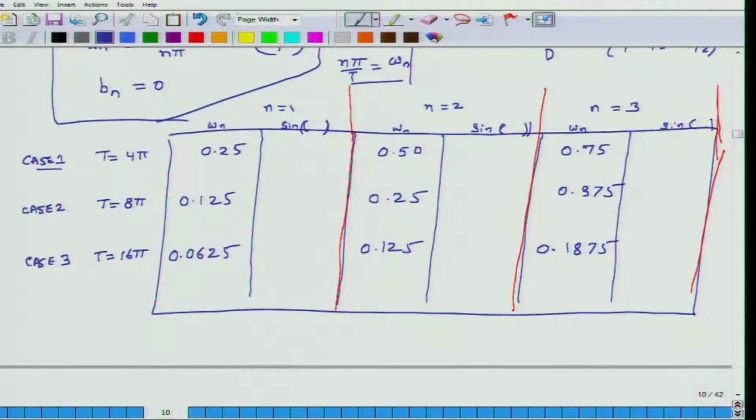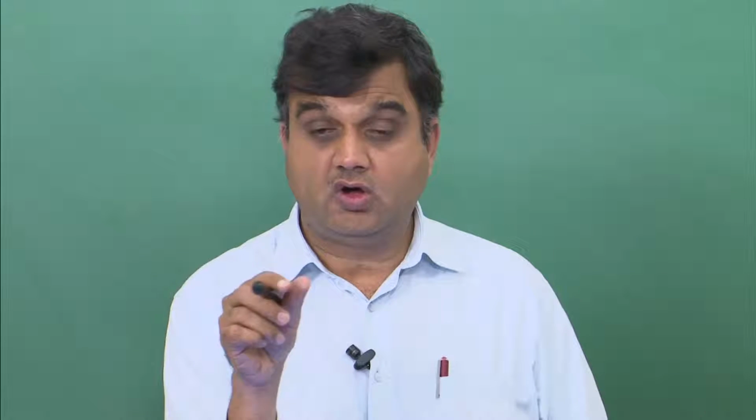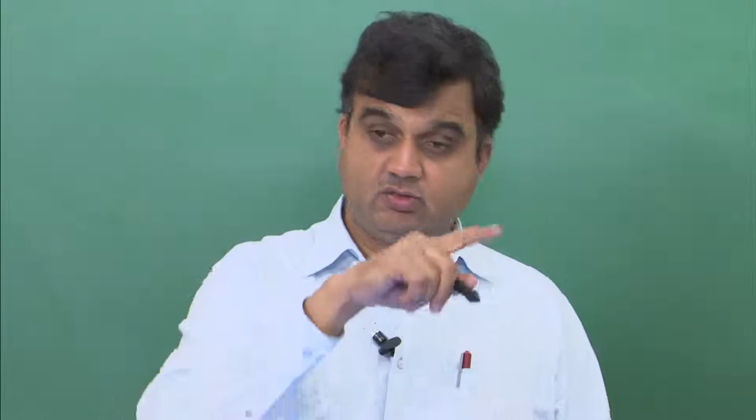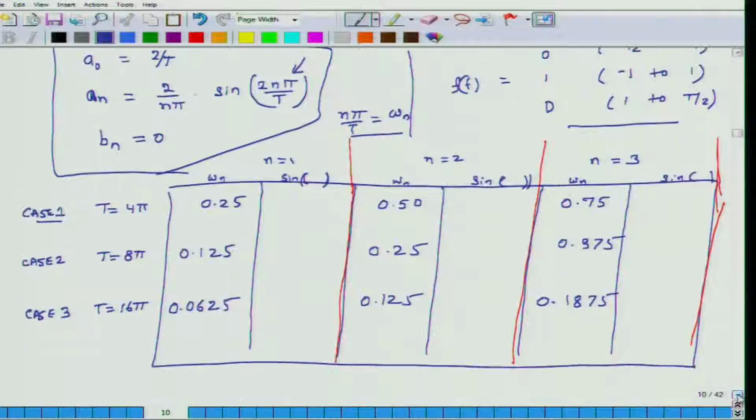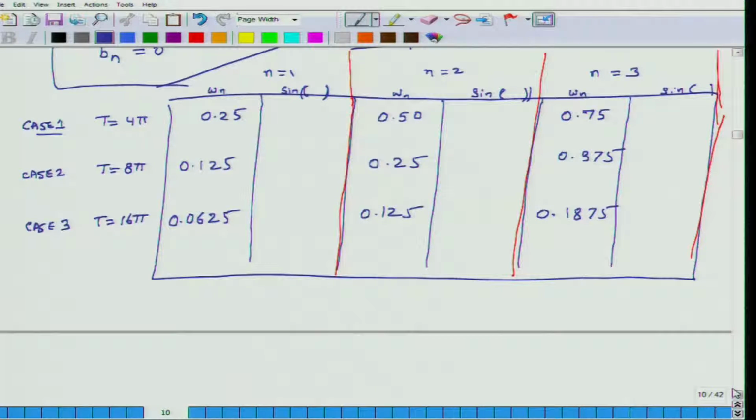So as I doubled my time period, the spacing between the individual Fourier components which represent the original function has shrunk, they are now closer. Which means that the Fourier components have become more dense on the axis. This is important to understand.